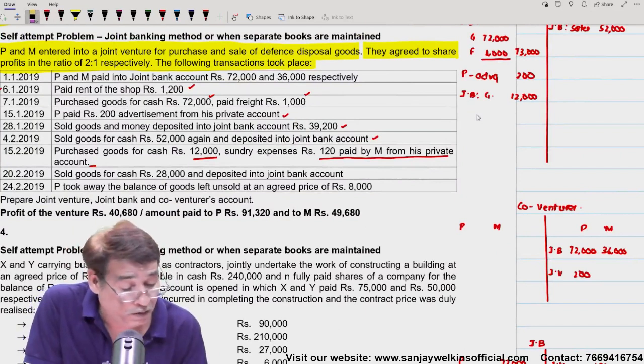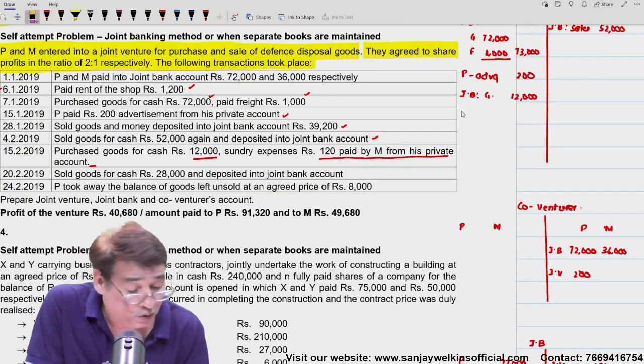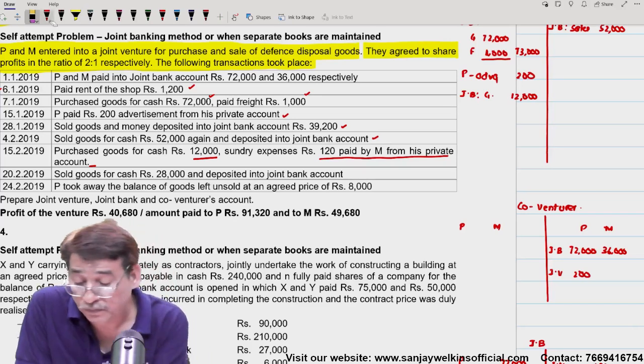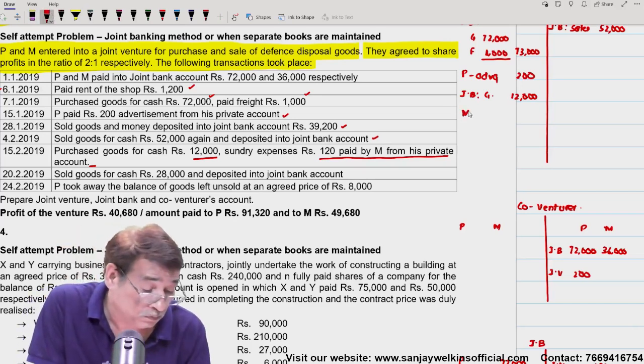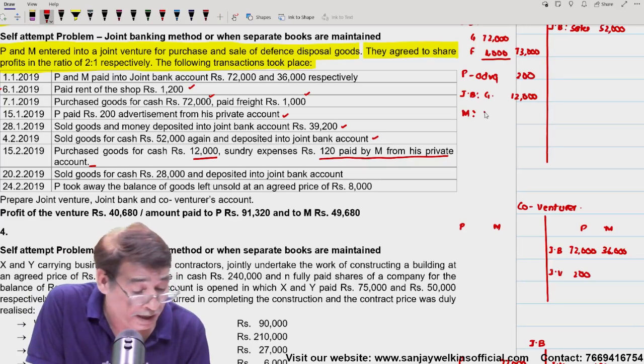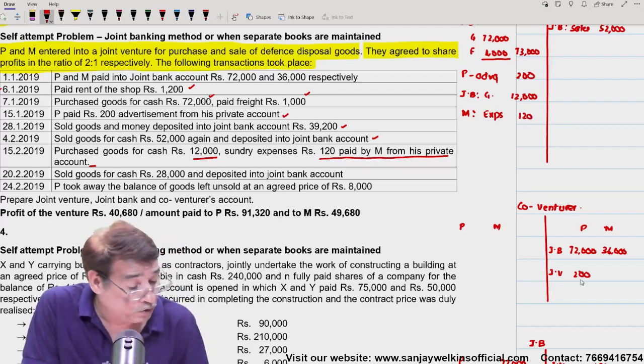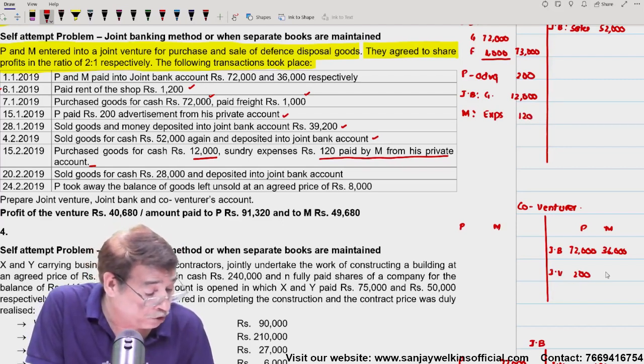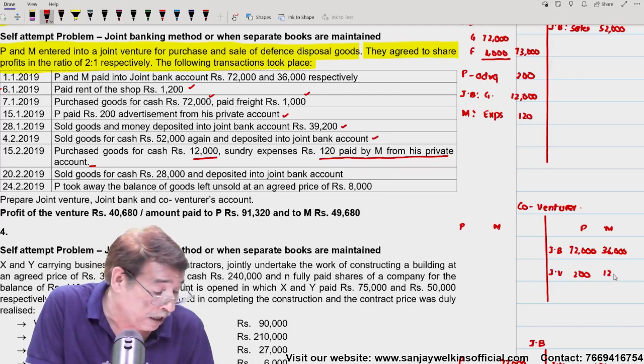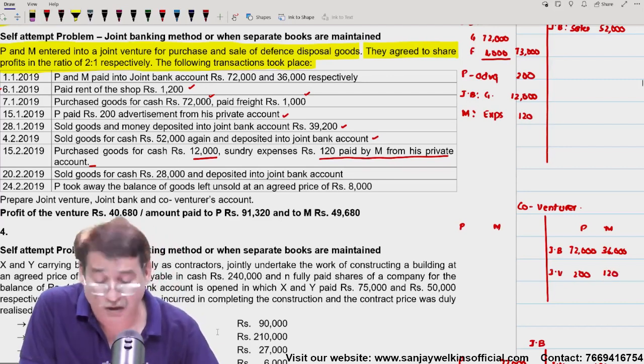Entry will be to M account. And M has incurred some expenses to the extent of 120. So, by joint venture in the column of M, I will write 120. Is it clear to you?